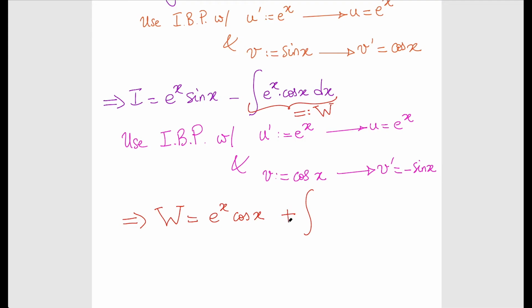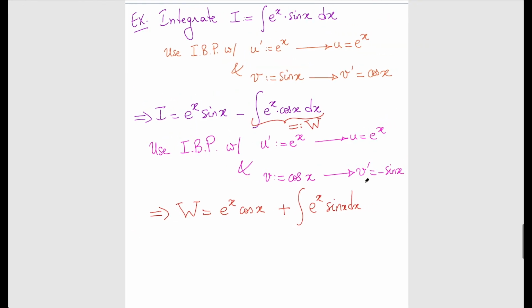Negative times the negative is plus e^x sine x dx. Correct? And this is I, right? This is the I that we had above. So W is simply e^x cosine x plus this guy, which is I.